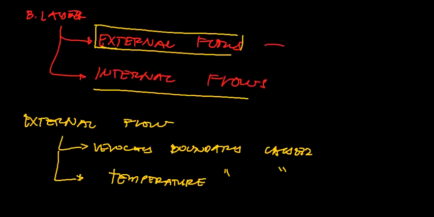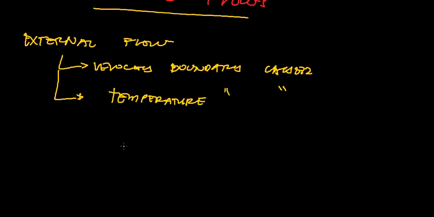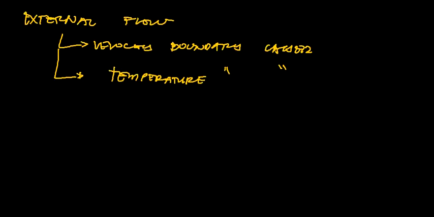boundary layer. Like what I have said last time, the concept of this boundary layer includes up to the temperature boundary layer. So let's have first a simple illustration of this concept.